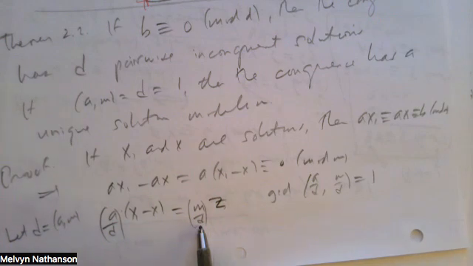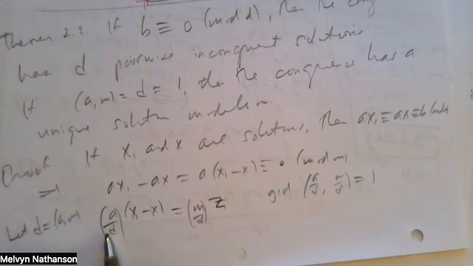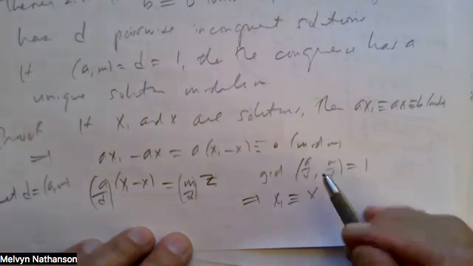So the integer m over d divides x1 minus x times this, but m over d is relatively prime to a over d. So by Euclid's lemma, x1 minus x is divisible by m over d. x1 is congruent to x modulo m over d.